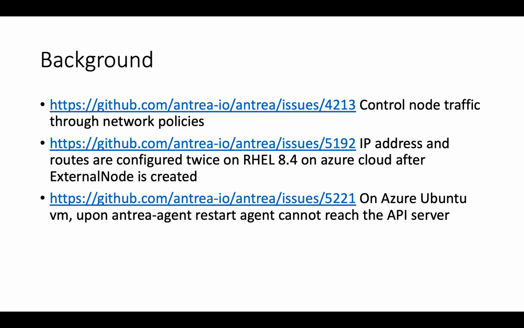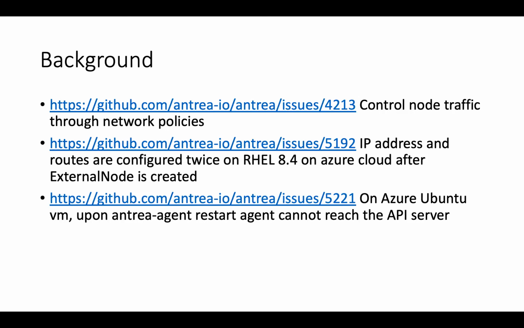External node in Antrea is to control the traffic of nodes which are not Kubernetes nodes, but it also uses the same Antrea network policy API to apply these policies to the nodes' network. Because both features are very similar, in a previous meeting, I proposed to leverage the latest implementation for the former as well.